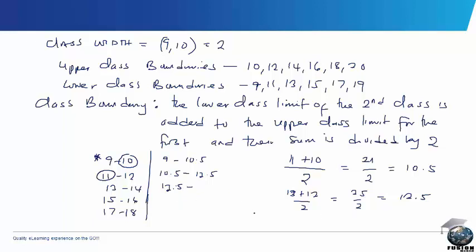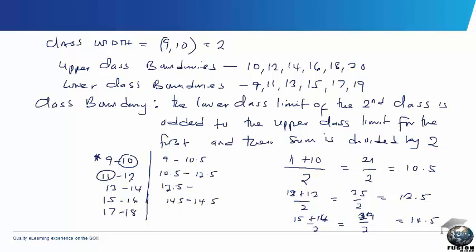We have 15 plus 14 divided by 2, that's 29 over 2, giving us 14.5. So we have 12.5 to 14.5 at this point.